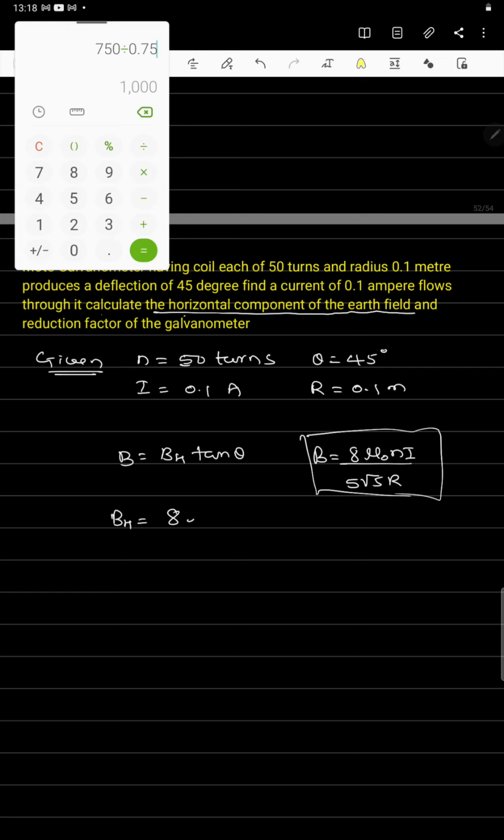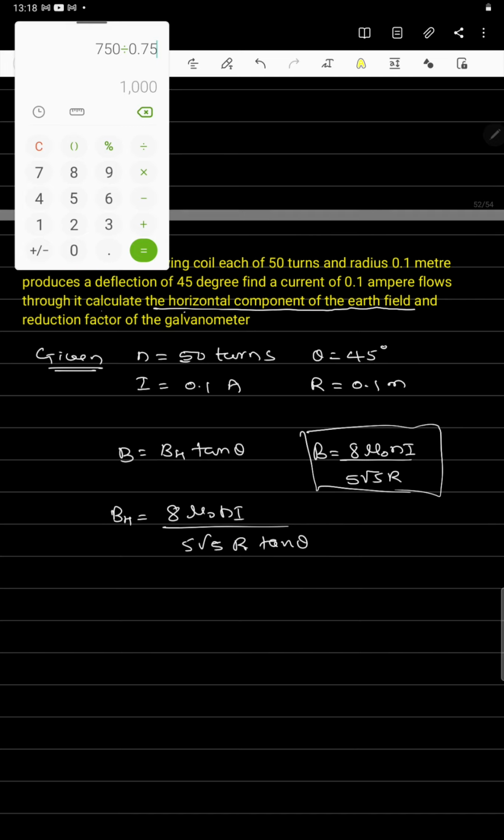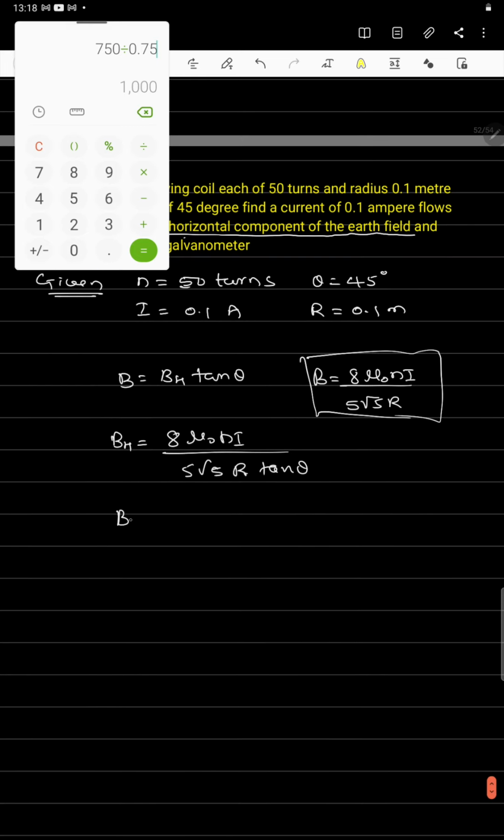So now BH we are going to find. The equation becomes BH equals 8 mu naught N into I divided by 5 root of 5 into r into tan of theta.